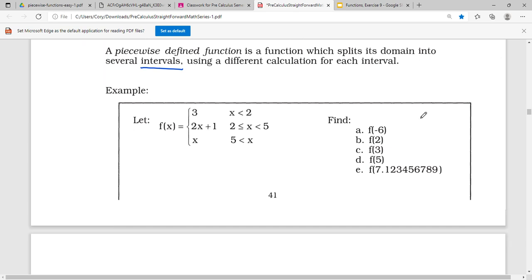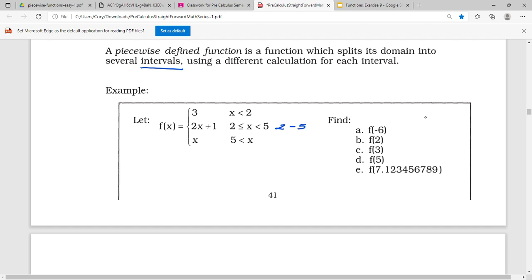So in this example, we have f of x equals 3 when x is less than 2. F of x equals 2x plus 1 when x is greater than or equal to 2 and less than 5. So between 2 and 5, right?